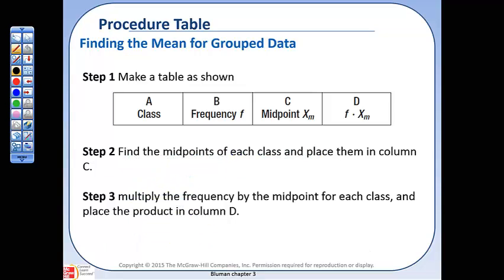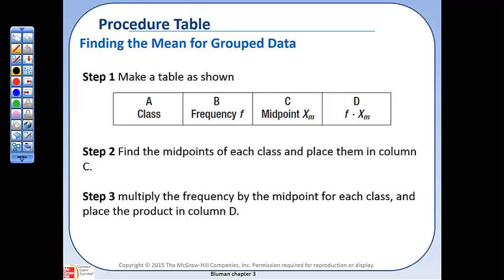Okay, sometimes we have grouped data. And so what we want to do here is make a table. We're going to add some columns to it. We're going to start out with our class limits and our frequency. We want to add the midpoint and then a column that says our frequency times our midpoint.